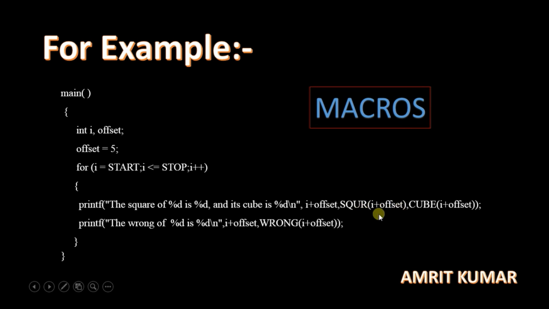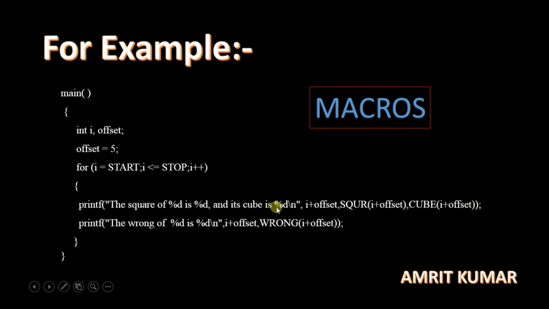The square of 6 is 36, and its cube is 6 into 6 into 6, that is 36 into 6.